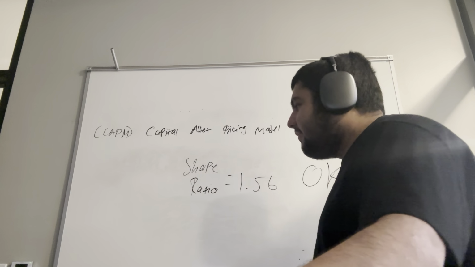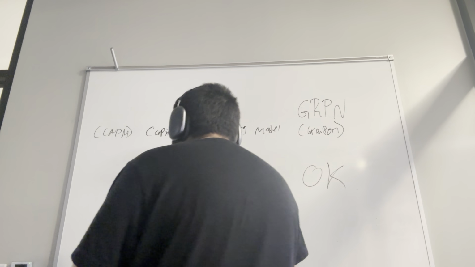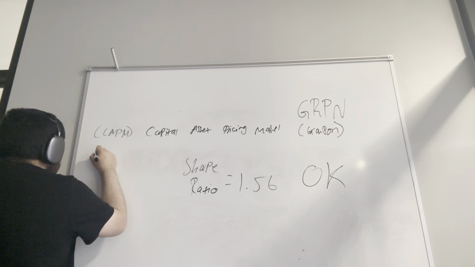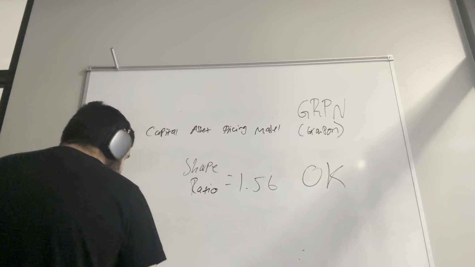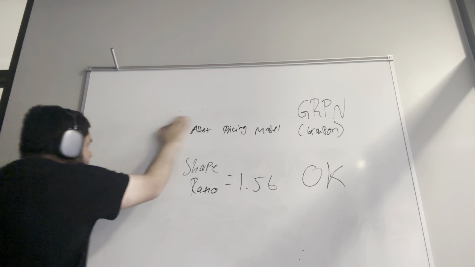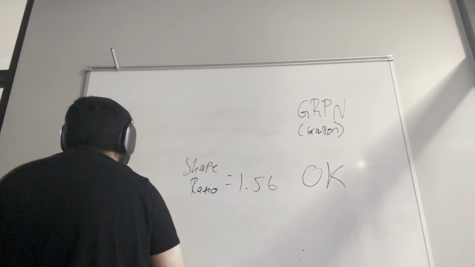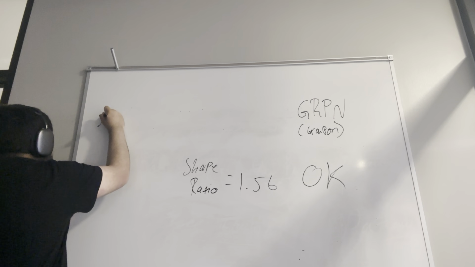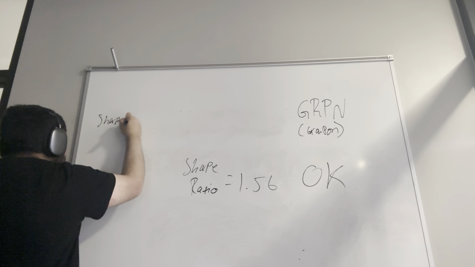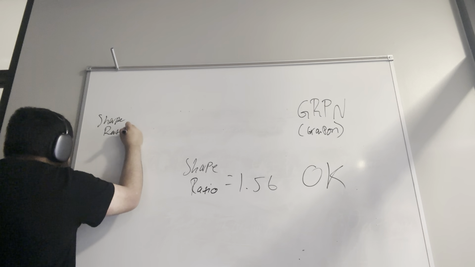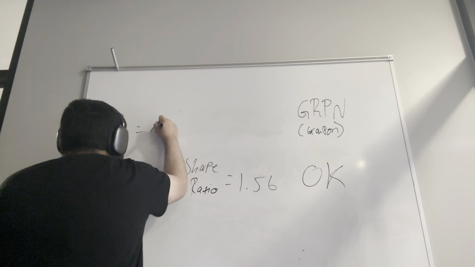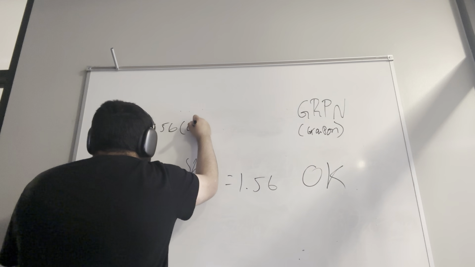We're going to say this is okay. Now let's put this over here. Well, we already did this, so we don't need this anymore. We've got our Sharpe ratio, so we're going to write Sharpe ratio equals 1.56, which is okay.